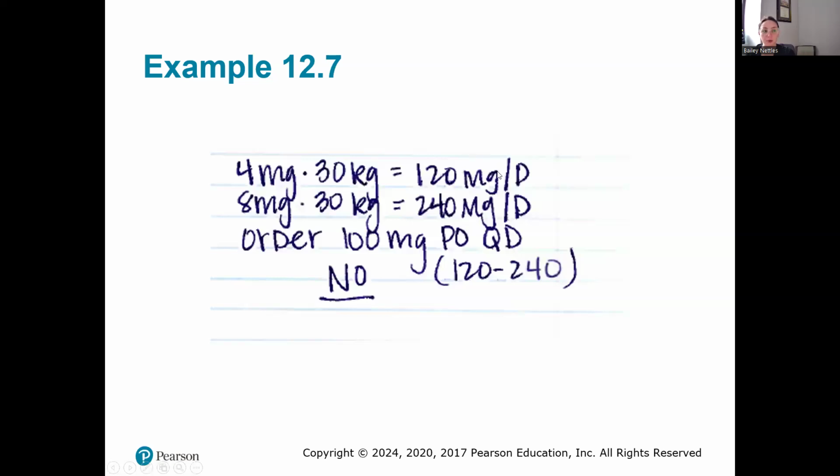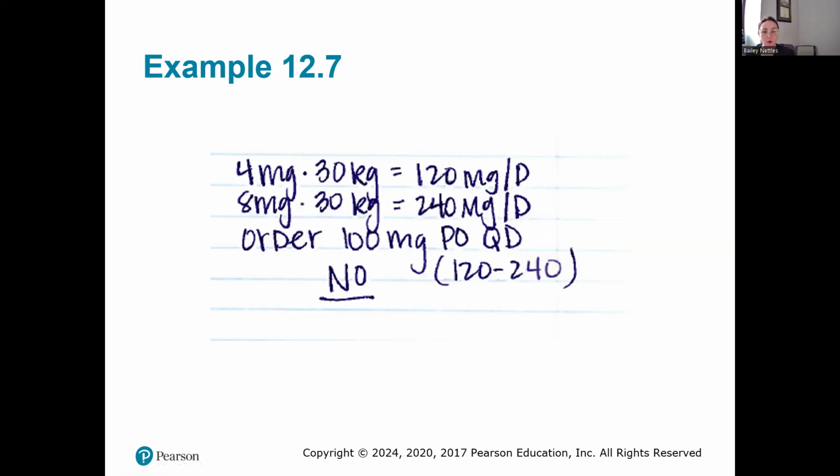That gives me 120 milligrams per day, so that goes on my minimum range. For my maximum, I take my 8 milligrams times my 30 kilograms, and I get 240. So that's my high number. The safe dose for a child that weighs 30 kilograms is 120 to 240 milligrams per day.